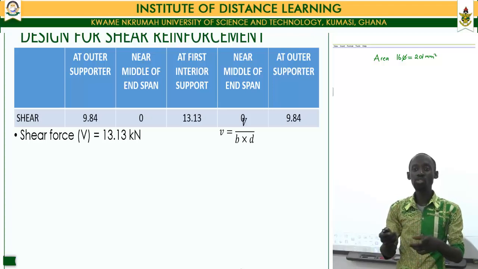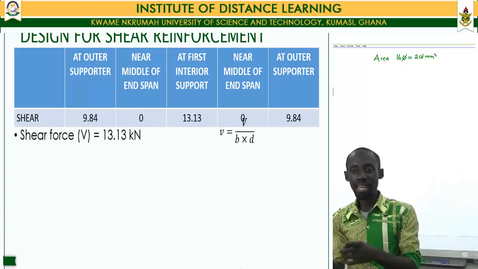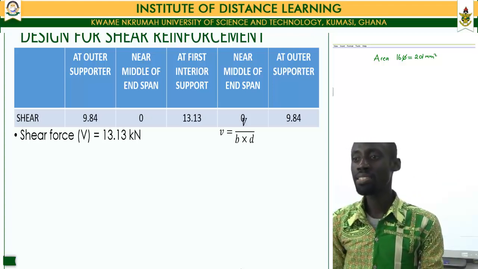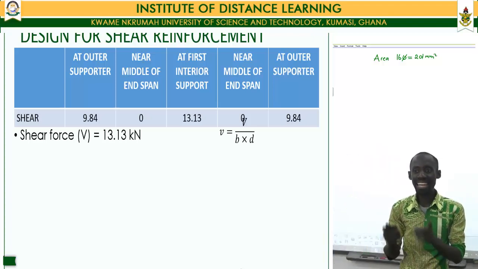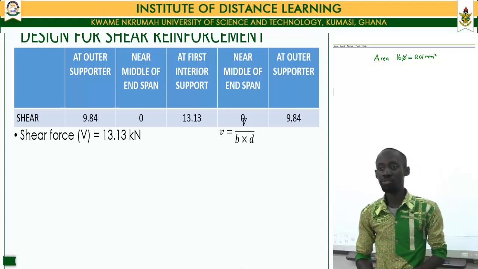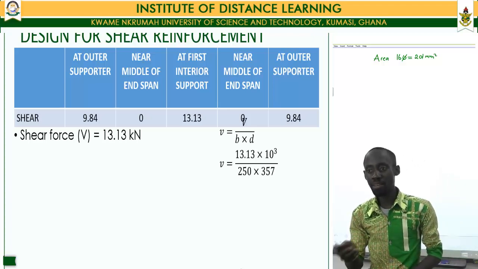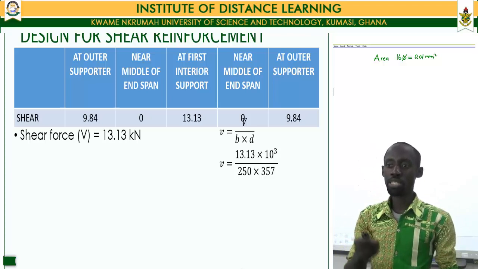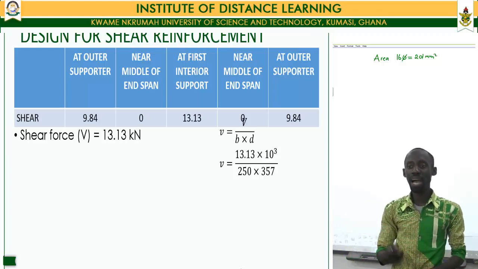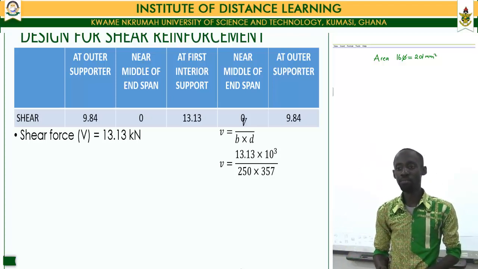Now, we need to convert the shear force in the beam into shear stresses. This is achieved by dividing the shear force by the breadth and the depth of the web of our beam. So then we have our shear stress value being equal to our shear force value divided by the breadth of our web, or our web width, which is the 250, multiplied by our effective depth, which is the 375.